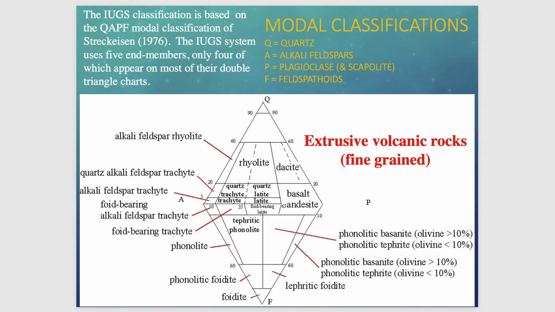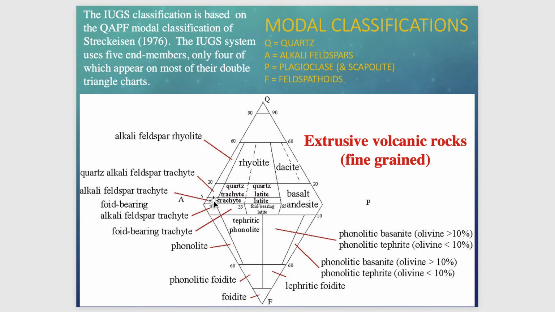So if we recap, we have mentioned the Streckeisen classification and the same type of ternary diagrams. Here we have two ternary diagrams, one that is used for the classification of foids or foidites, which are rocks that usually contain relatively low amounts of silica, and on this other you have the silicic rocks.